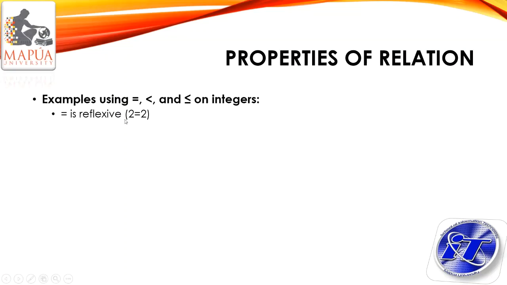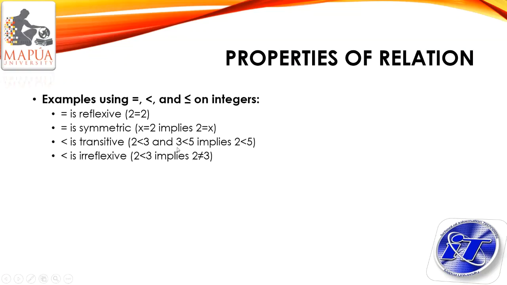So 2 equal to 2, they are reflexive. So that's why A relation A is true, therefore it's reflexive. But in case they are not equal, 2 less than 3 is not equal, so implies 2 not equal to 3, so irreflexive.